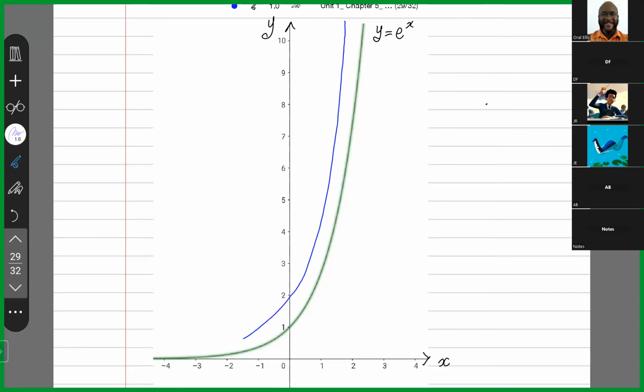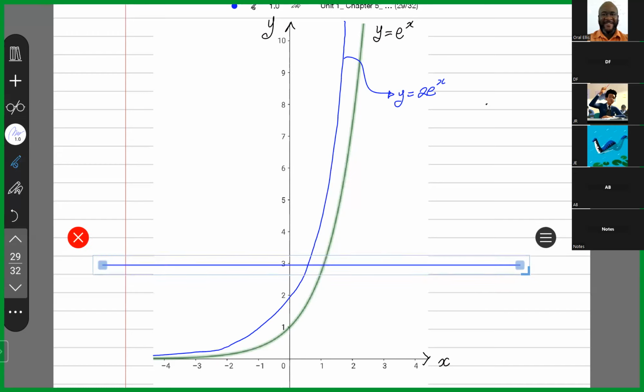It's going to cut the y-axis at 2. And this would be the graph of y is equal to 2e to the x. Now, the graph of y is equal to 2e to the x plus 3 is essentially the same graph, but that would push the graph 3 units up.